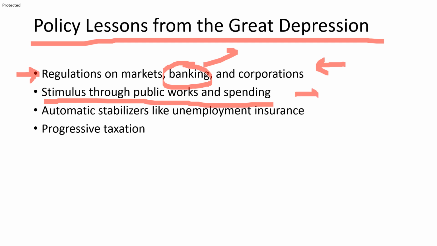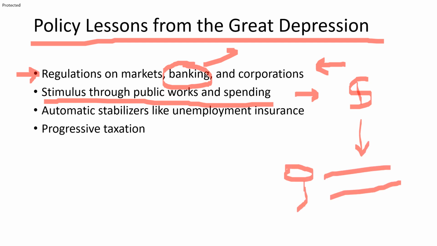So as I mentioned on the previous slide, if the government prints money and, for example, constructs a road, then that means the workers would now have money in their hands.